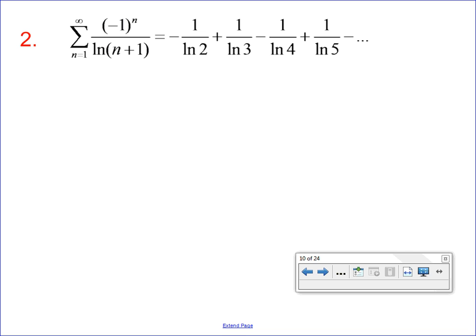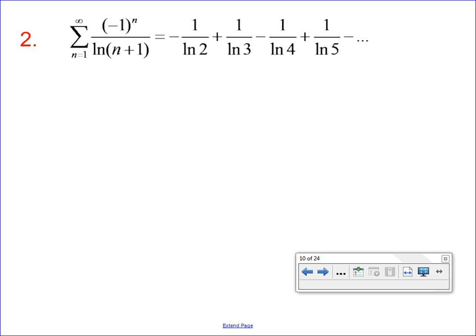Let's consider what's going on here. Firstly, do I have an alternating series? Yes, because it's negative 1 to the n, that guarantees I'll have positive, negative. The natural log of n plus 1 is always going to be positive for increasing n. So the terms alternate in sign.